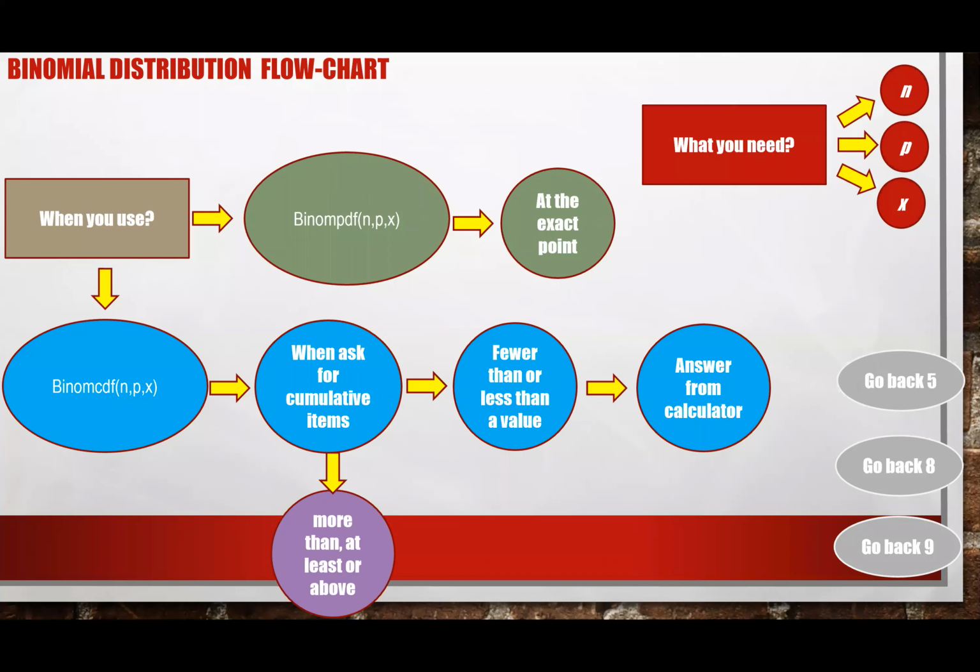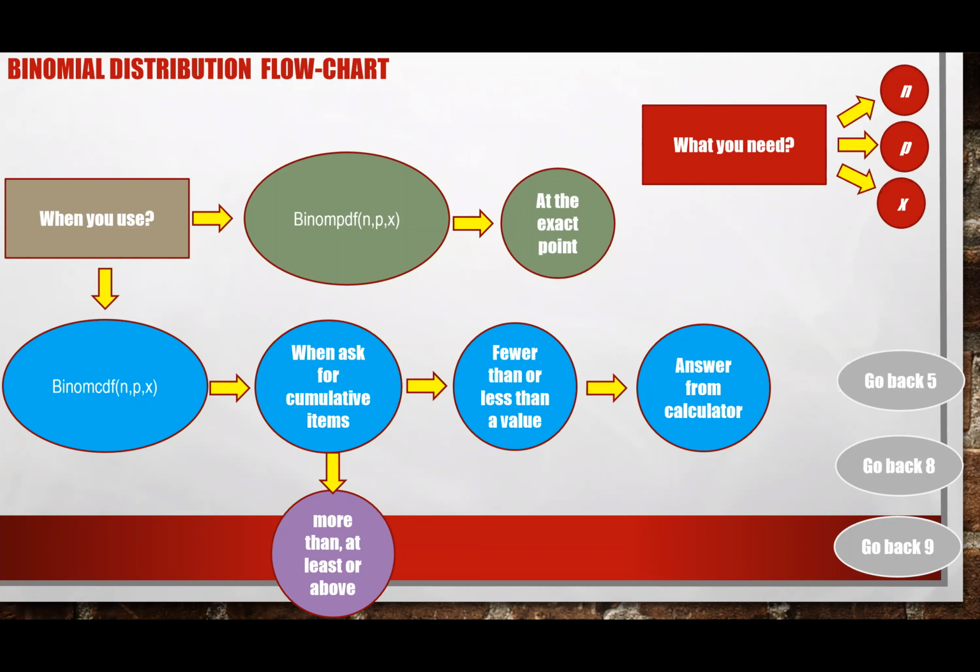So to find more than or at least, remember yesterday I told you, fewer than is you looking for the items to the left of that particular value. When you type in binomial CDF, your calculator can only give you the result on the left of that point value.